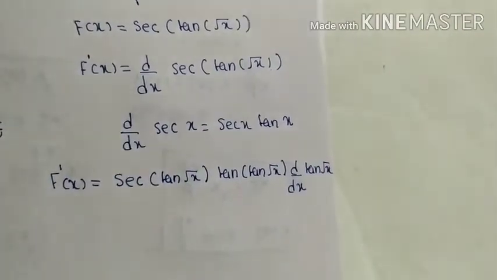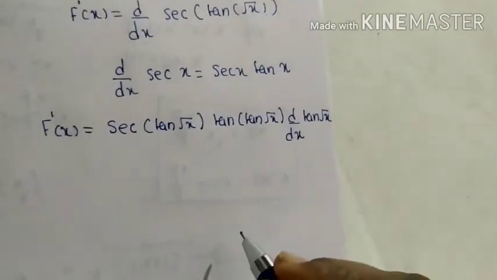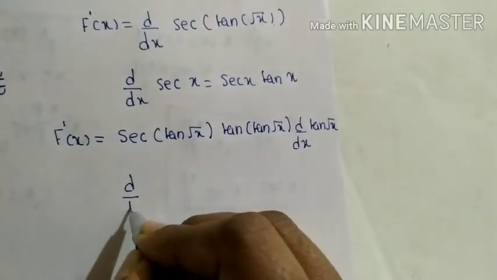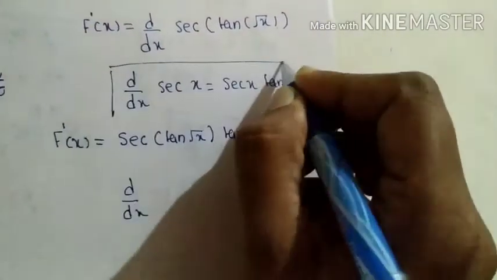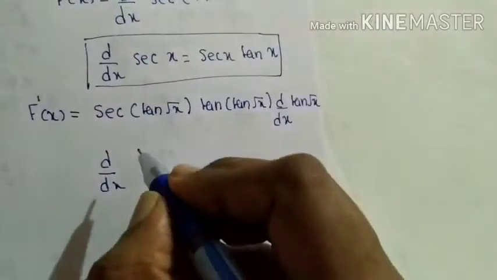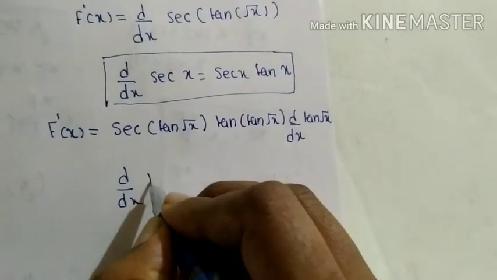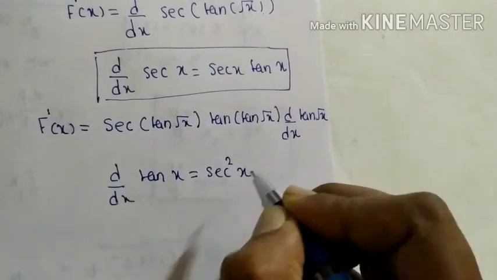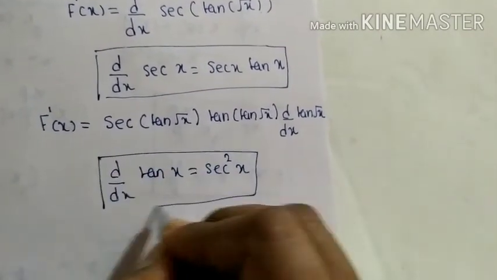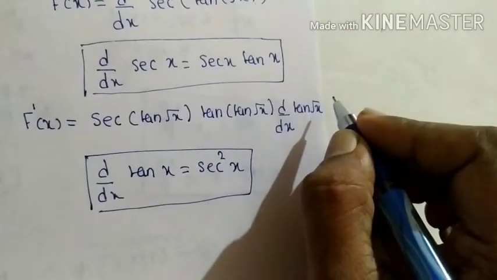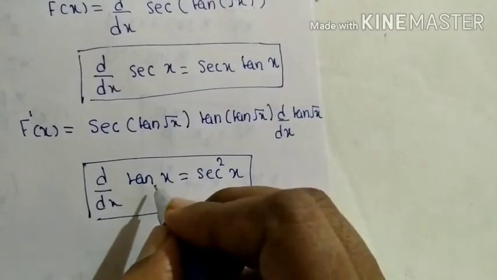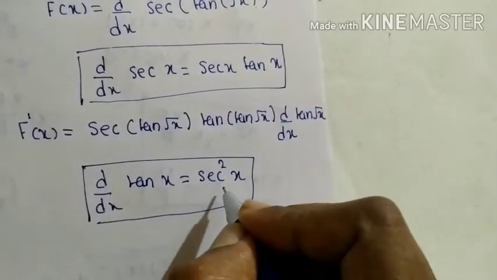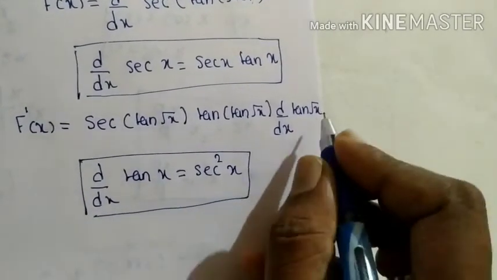So we need to find derivative of tan root x. Okay. And we know that the derivative of tan x in standard form is sec square x. But here we need to find the derivative of tan root x, where x is replaced by root x.